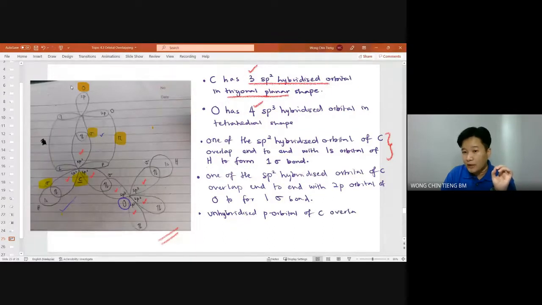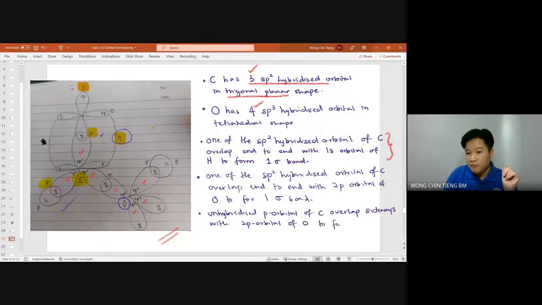Masih adalah overlap. Tetapi hari ni sebab kita nak cerita pasal pi bond, so dia adalah overlap sideways ataupun side by side. Saya terima dua-dua. Overlap sideways with 2p orbital of oxygen to form 1 pi bond. Nampak? Boleh. Senang.